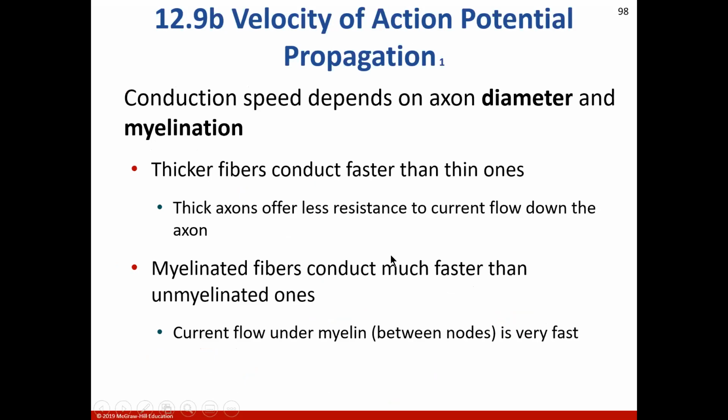So the speed, and I mentioned this before, not that hard of a concept, depends on the thickness or the diameter of the axon and how much myelination it has. And technically, the longer an axon is, the longer it takes, so the length of the axon does matter too. Thicker means more channels being opened.